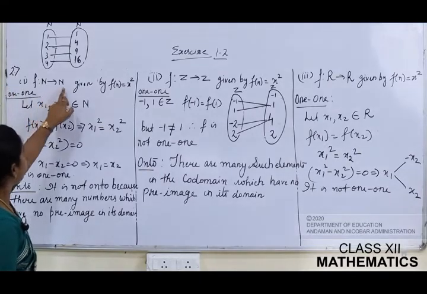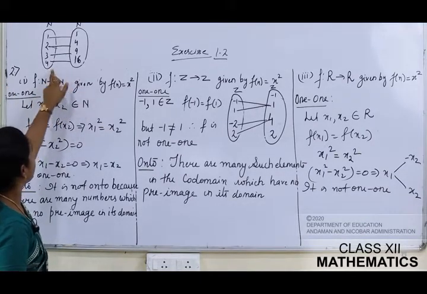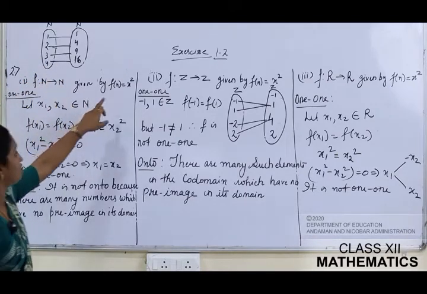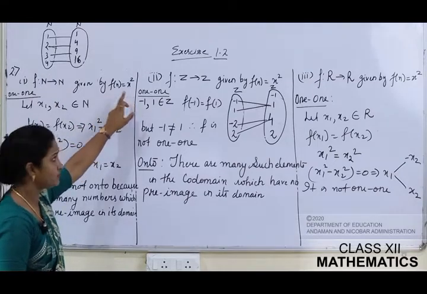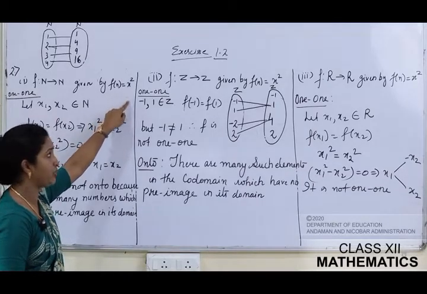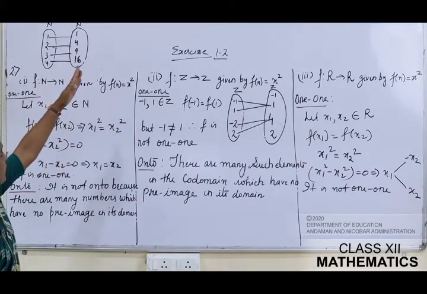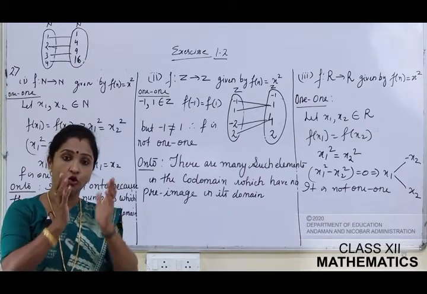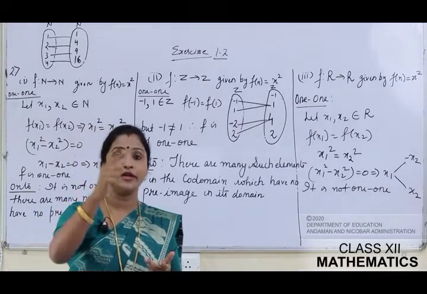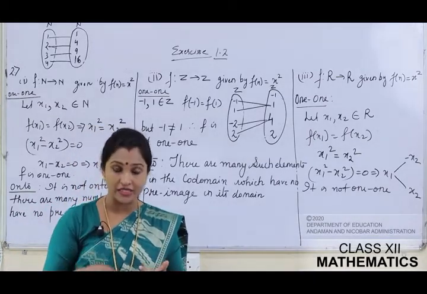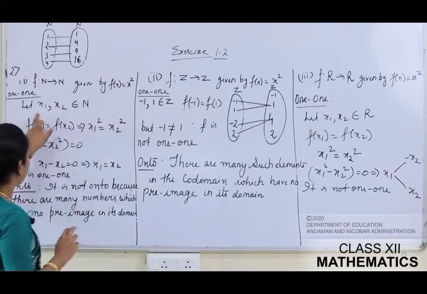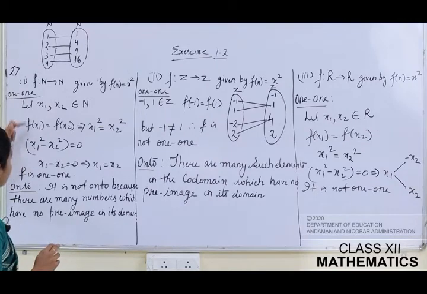Natural number to natural number, आप यहाँ पे देखिए मैंने दो non-empty set लिखा है, natural number. जब आप देखेंगे natural number दोनों ही हैं और function आपका x square है. That means if you take any number, आप 1 ले लो, 2 ले लो, 3 ले लो, कोई भी number आप लेंगे उसका mapping आपको कहाँ पे मिलेगा, in the second set. That means the domain, the most important part in 1 to 1 is each and every element of the domain, that means of the first set, should be having distinct images in the second set, and we will show it mathematically.